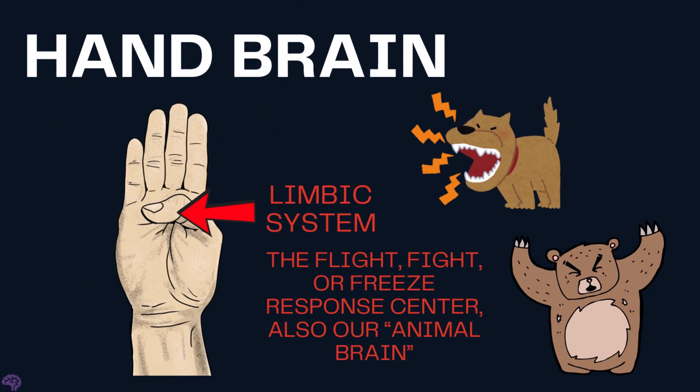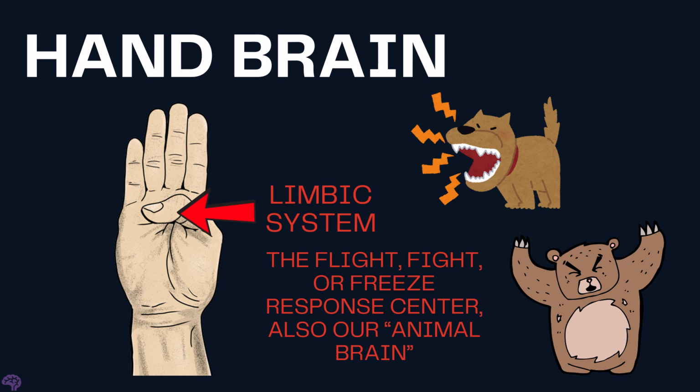All right, now if you have your hand open and you curve your thumb in, that's like our limbic system. Our limbic system is our animal brain. This is our response center. So this is where we have the fight, flight, or freeze.